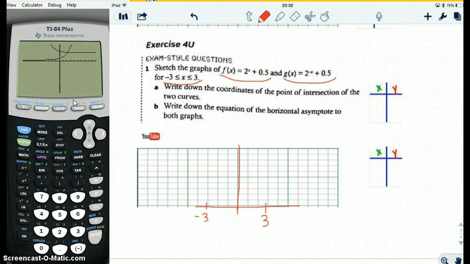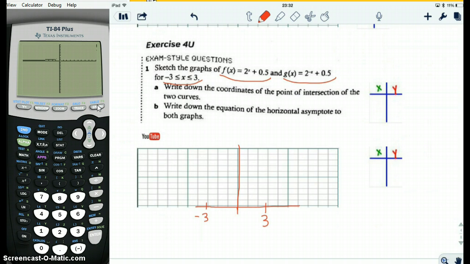Now, I think I did something wrong. Let me just make sure. Oh, look what I did. I put plus 5 instead of plus 0.5. Because I was expecting them to be kind of symmetrical. Now I can see that I typed it in wrong. 0.5. Okay.